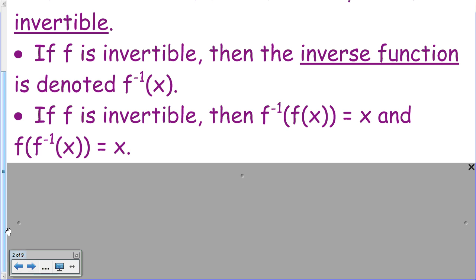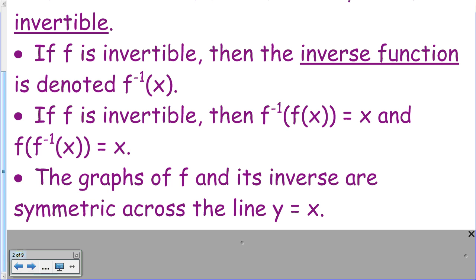All right, and the last property is just a little bit about the graphical features. It says the graphs of f and its inverse are symmetric across the line y equals x.